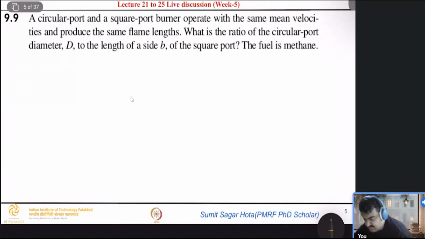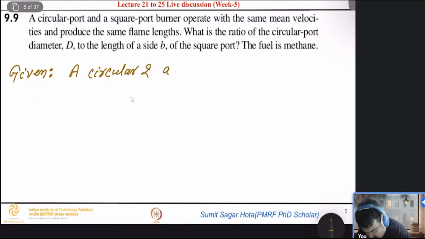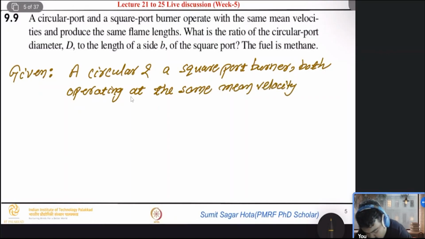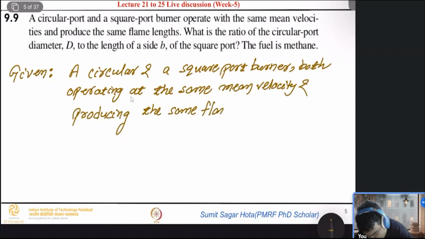For this question, we will see what are the things given. A circular and a square port burner both operating at the same mean velocity and producing the same flame length.